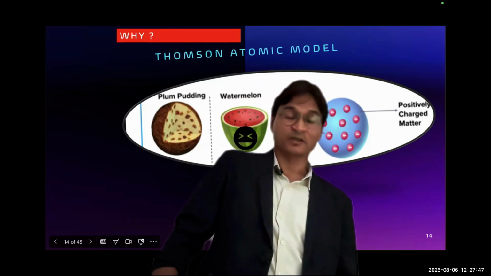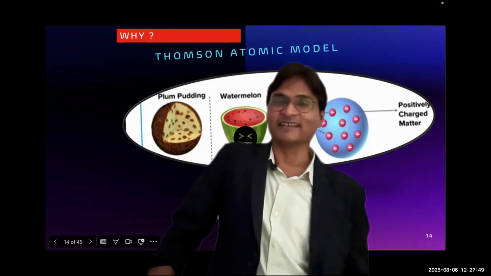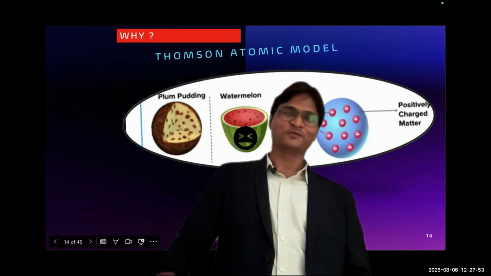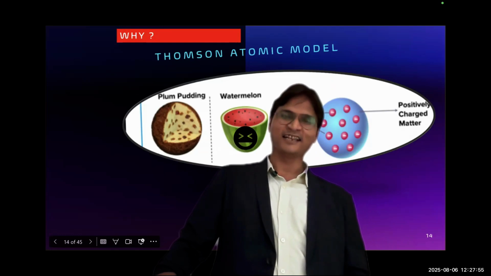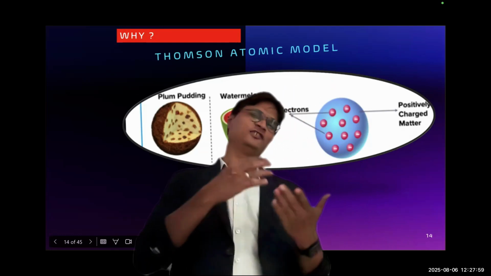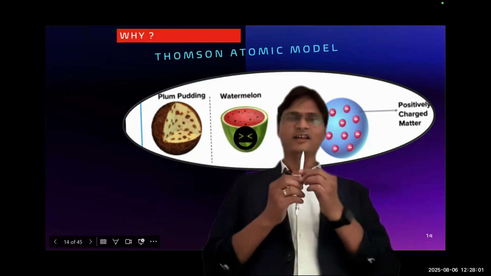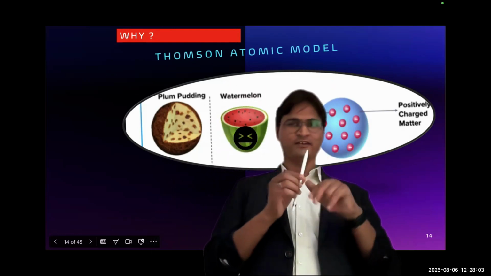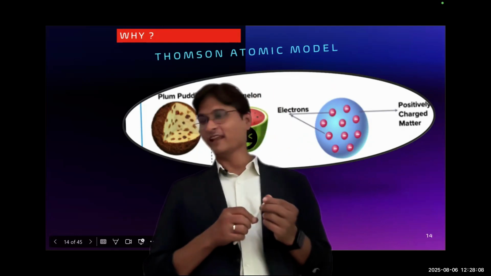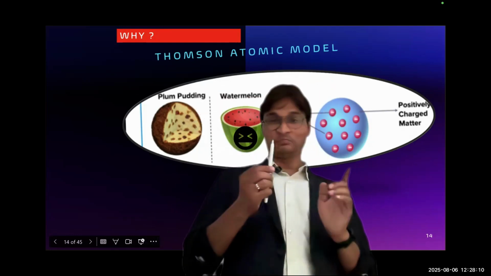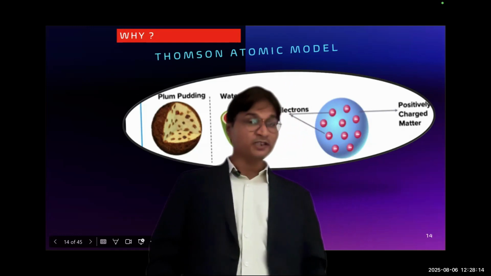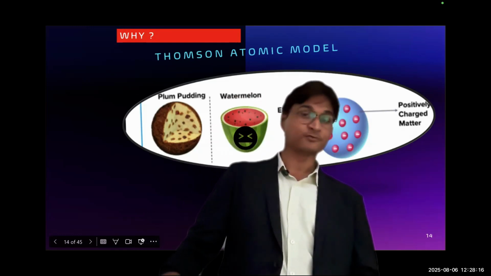This was a puzzle, and people used to think it's magic. This mystery was solved by Thomson. Thomson said, no, there is a negatively charged particle, and when we rub it, that negatively charged particle comes onto the rod. Because two rods have been rubbed with the same cloth, they both get electrons, negative charge, and they repel each other. So he successfully explained that.